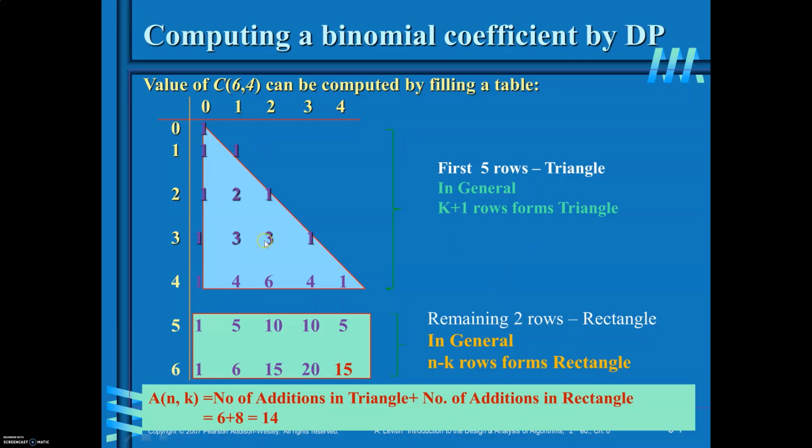So the first k plus 1 rows form the triangle, and the remaining n minus k rows form the rectangle. You are required to count how many additions are done in the triangle plus how many additions are done in the rectangle. Together will give you the total number of additions to find C(n, k).